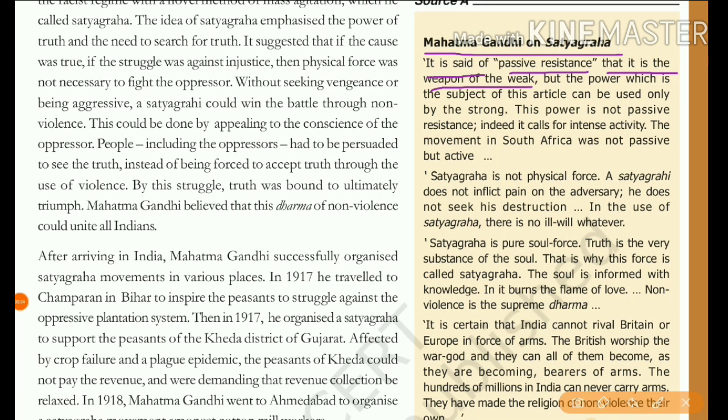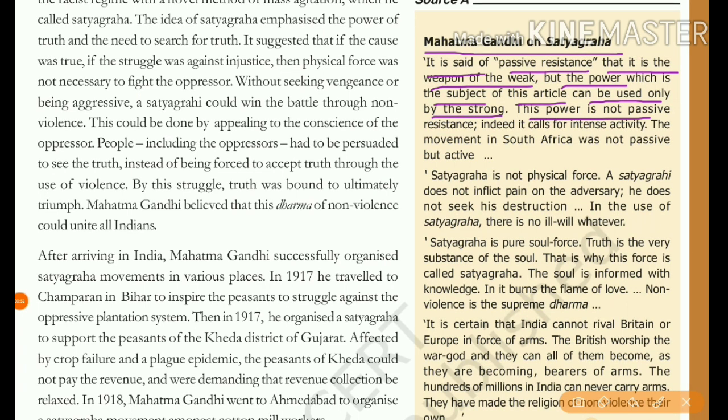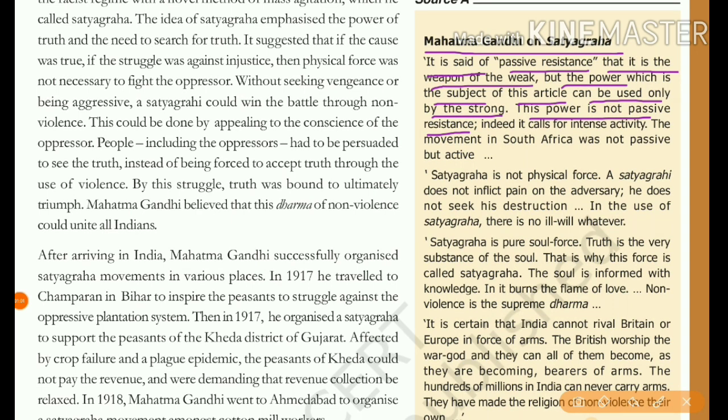But the power which is the subject of this article can be used only by the strong. Actually, this satyagraha is an important thing that can be used by those who are very strong. This power is not passive resistance. So Mahatma Gandhi gives the clear explanation: this satyagraha, this non-violence method of protest, is not passive resistance.